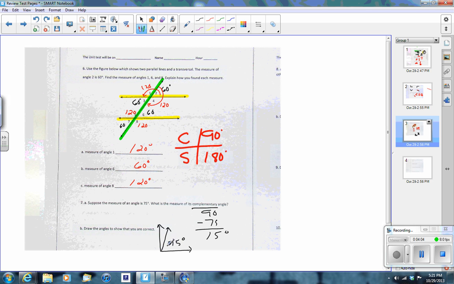It's more than a 60 degree angle, which is one of our benchmark angles, and then the 15 degree angle would be right inside there. So 75 and 15 for a total of 90 degrees. Some kind of sketch like that would be good. And that completes page 3.